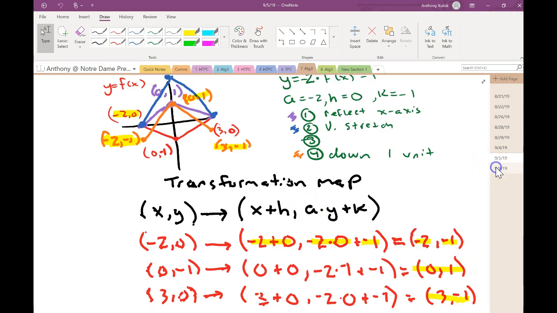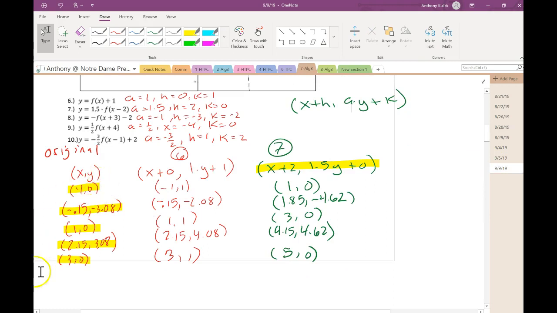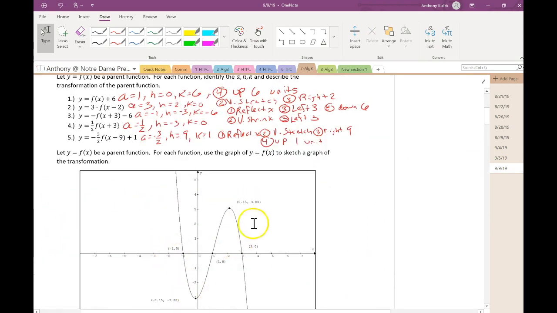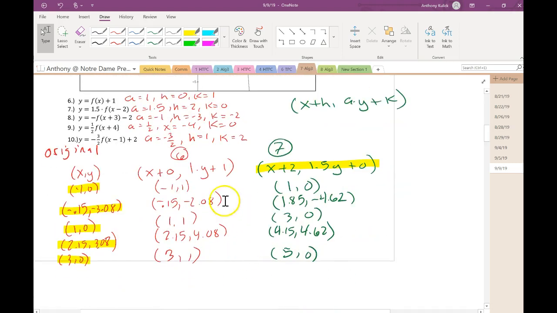Okay? So again, I'm taking the 5 pairs of points that were given to me in my original graph and applying this transformation for each of the separate problems to get my new points that I would draw the graph for to get the desired transformed graph. Okay. Does that feel okay?